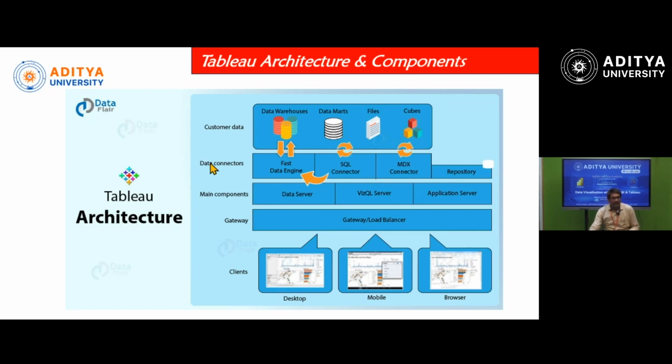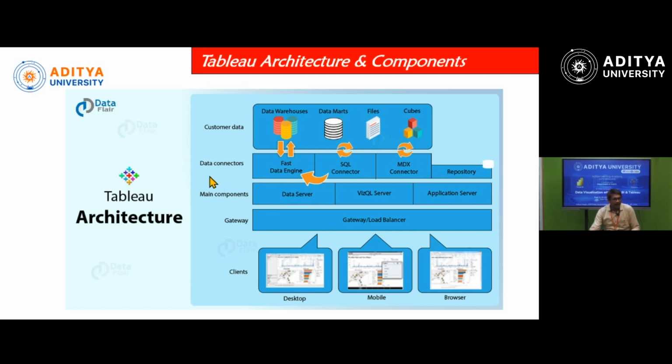Whenever the data comes from different data sources, it is called user data, which in this example I'm taking as customer data. Here I'm putting it into a data warehouse, data mart, file, or queue. It can be of any format, any storage device.